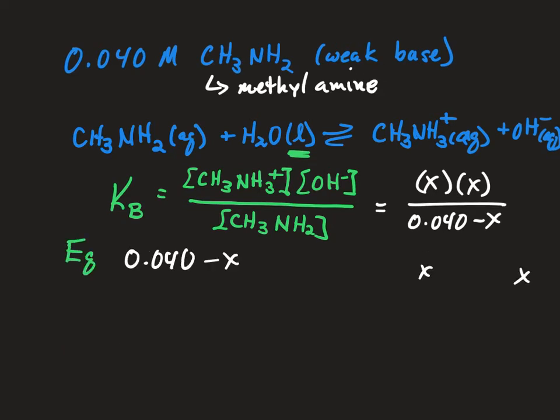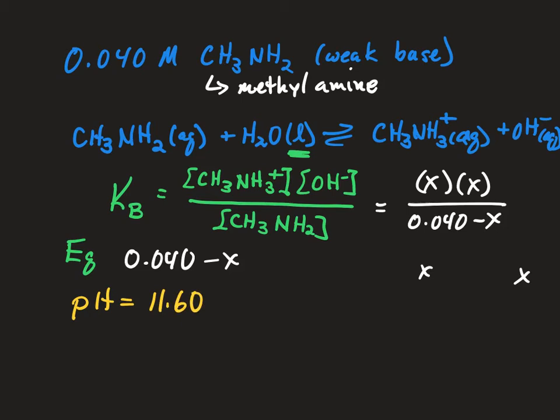Okay, so here's our essential information transferred over to another slide. We've expressed our equilibrium concentrations, but we need to find what X is. And so we go into the lab, we make the measurement, we make this solution, and we find that the pH of this solution is 11.60.